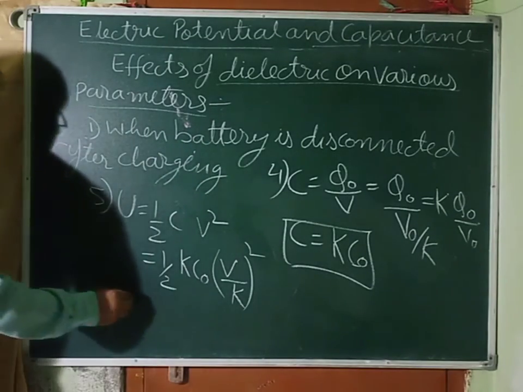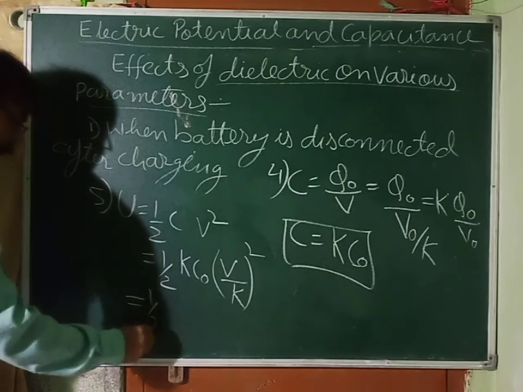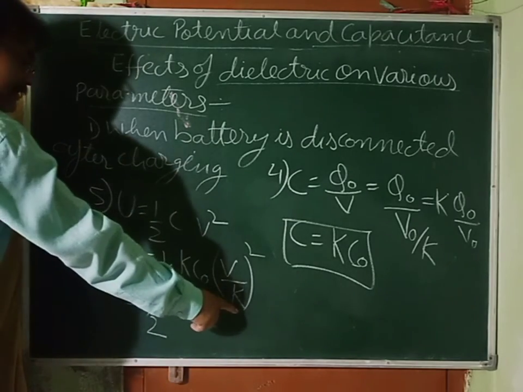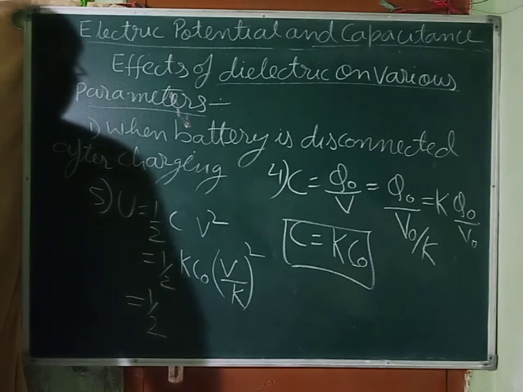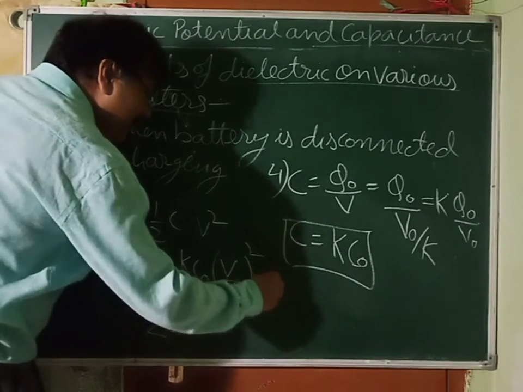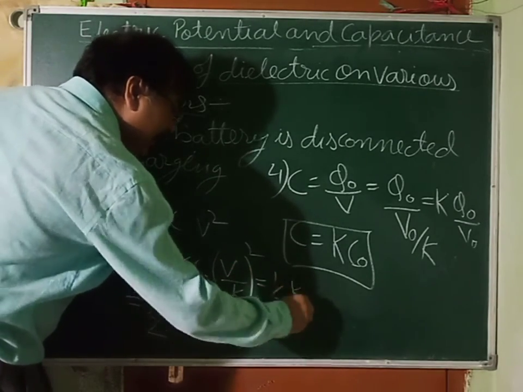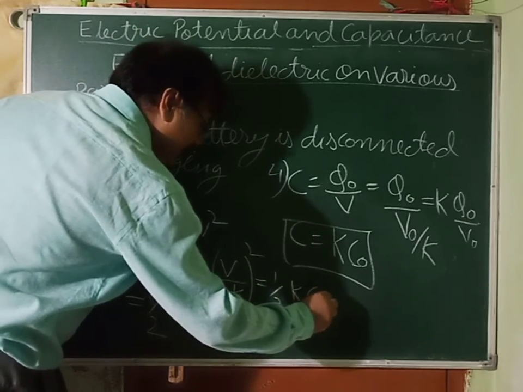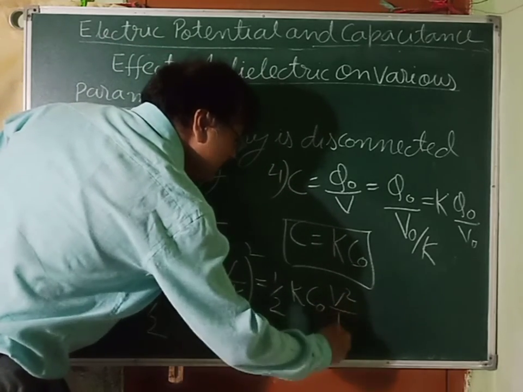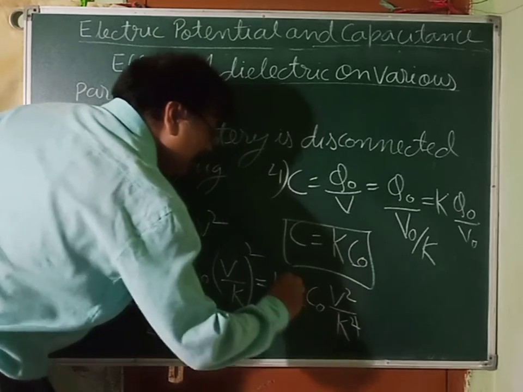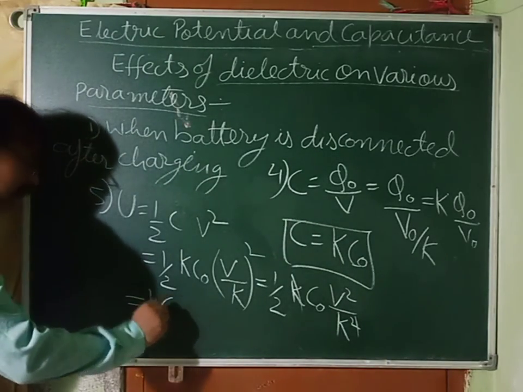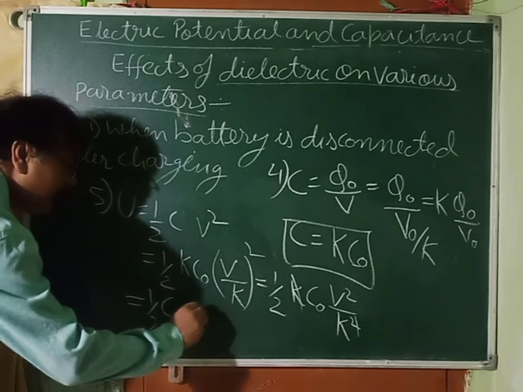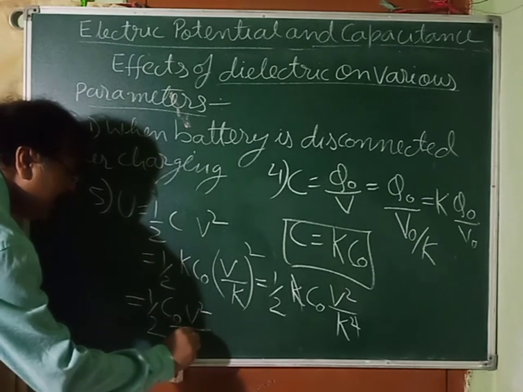You will find half, and here you will get K square. That square of K and this K will cancel out. So we can write half K, C naught V square by K square. And this square and this K cancel out. So we are left with C naught V square by K.